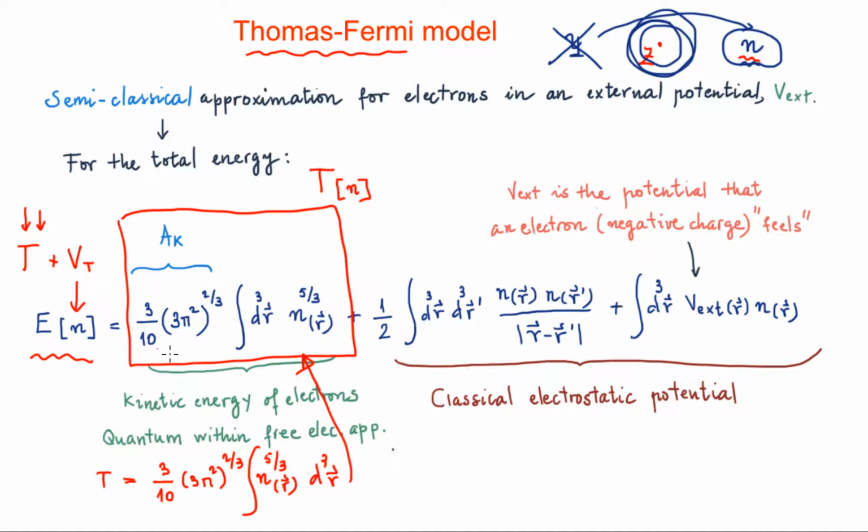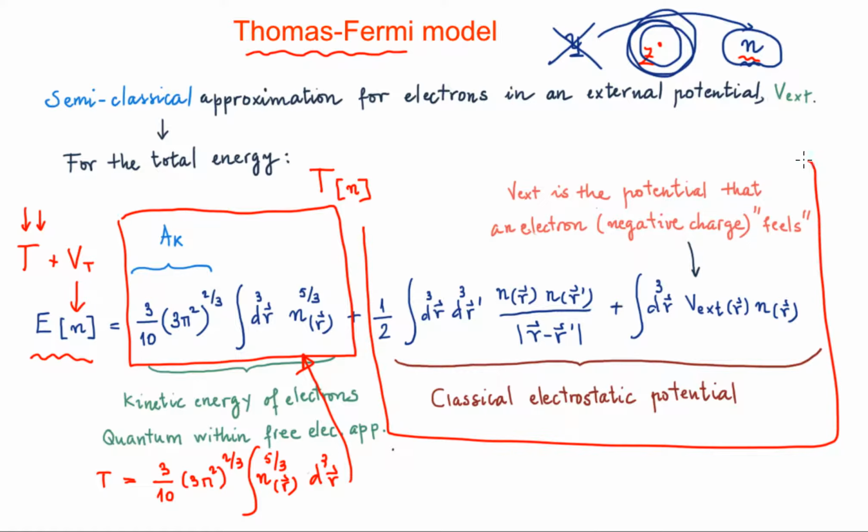And to make the expressions look nicer, this coefficient here, which is going to appear later as well because that expression is the one we're going to use, we're going to call it AK, for later. So that's the kinetic energy, and the rest is the potential energy, the total potential energy.